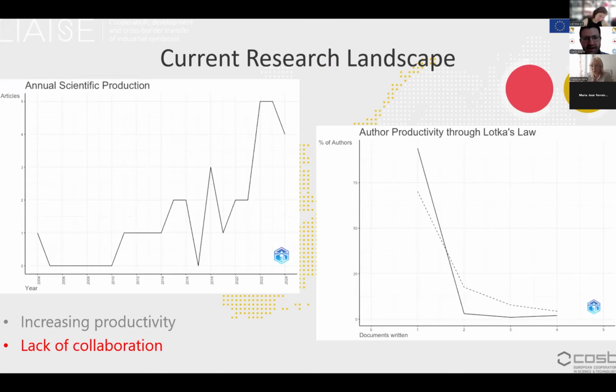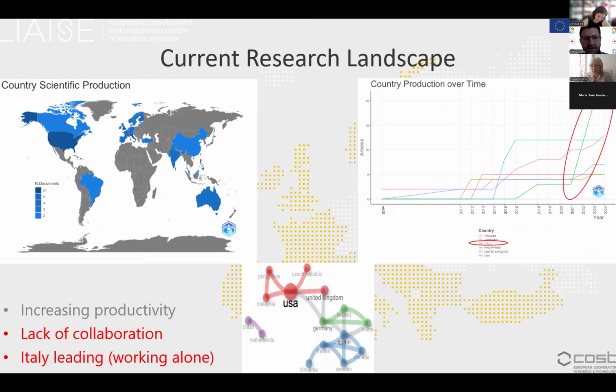So they are losing the perspective of how industrial symbiosis is applied in product design processes in other contexts, in other countries where other industries can be more relevant compared to the industrial context of Italy.